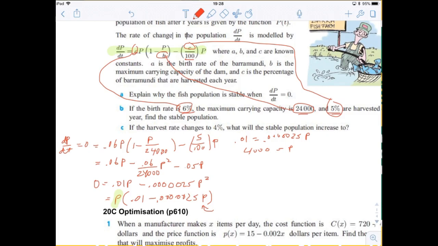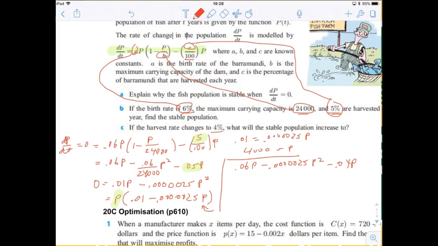Now they say, what happens if the harvest rate became 4%? What would be the stable population then? So the only thing we're going to do is change this 5 to 4. We're going to change this 0.05 to 0.04. So let's do that. We're going to do 0.06p minus 0.0000025p squared minus 0.04p.